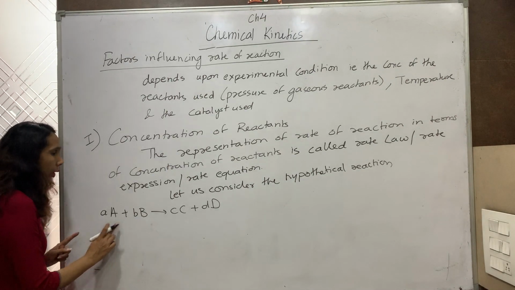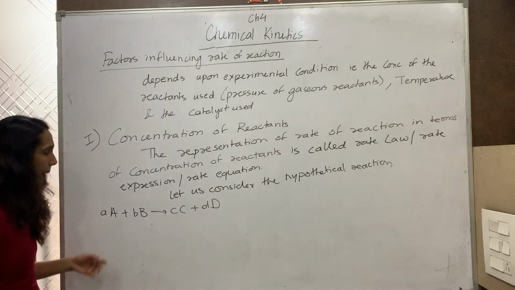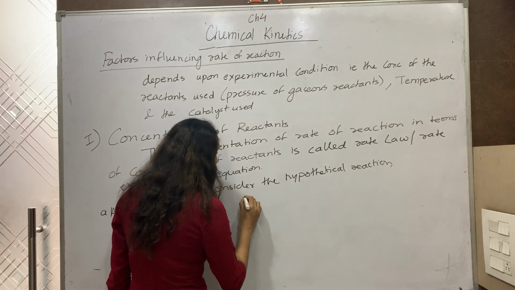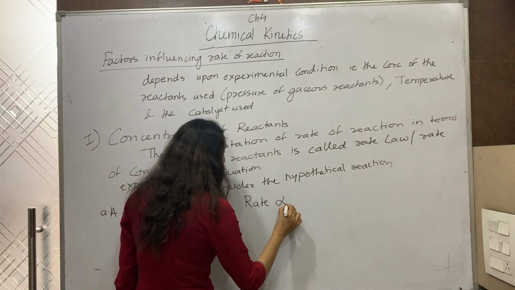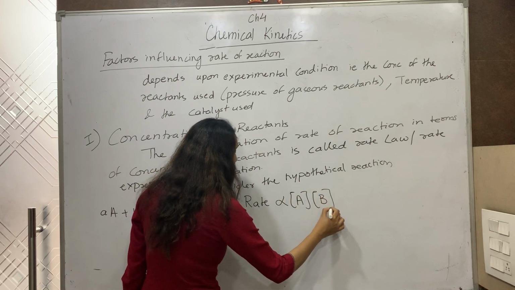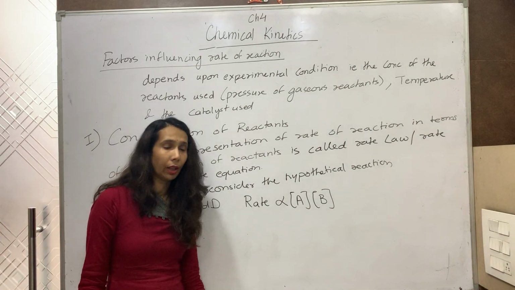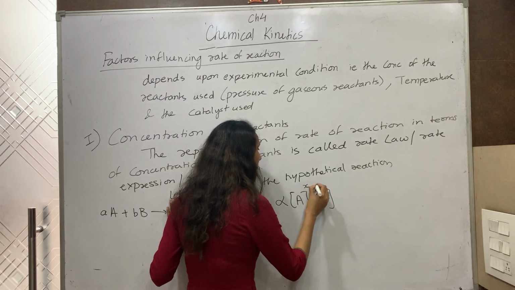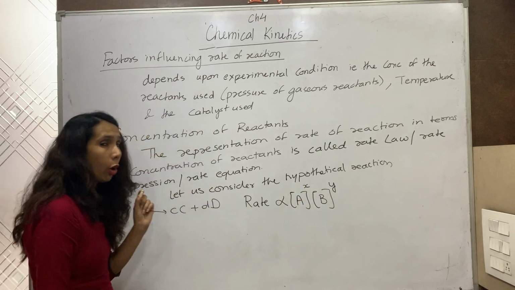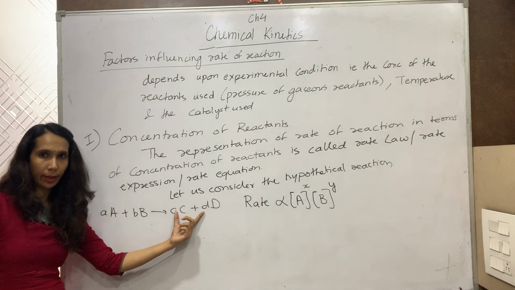Now, for this reaction, we have to write how the rate depends upon the concentration of reactants. It has been found that rate of reaction is directly proportional to the product of concentration of reactants, multiplied together and raised to certain powers, and these powers may or may not be equal to the stoichiometric coefficients.